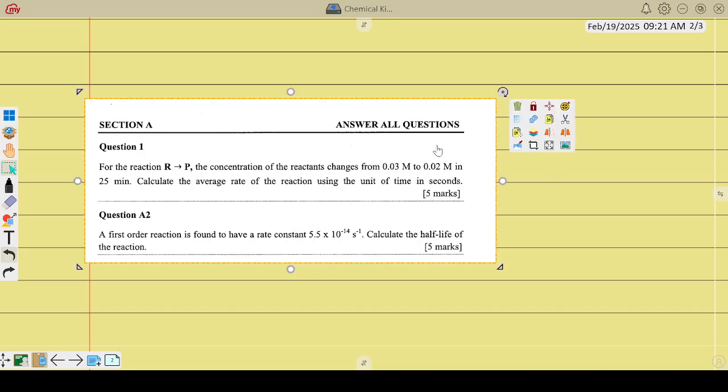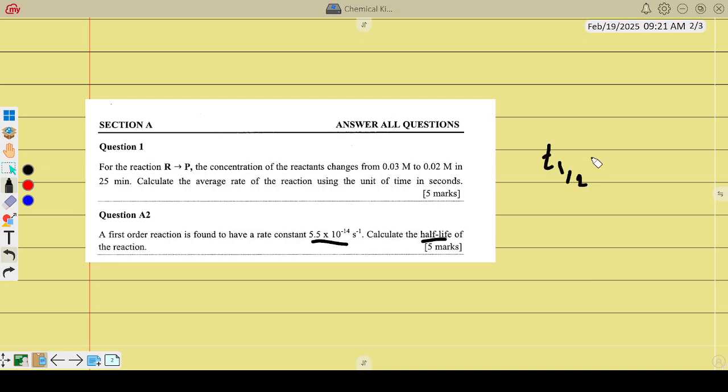We solved the simple one, where they give you the rate constant and tell you to find the half-life. You know that the half-life is simply ln 2 over k, or if you don't want ln 2, you put 0.693 over k.